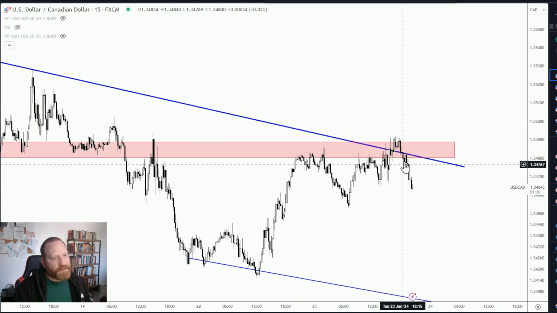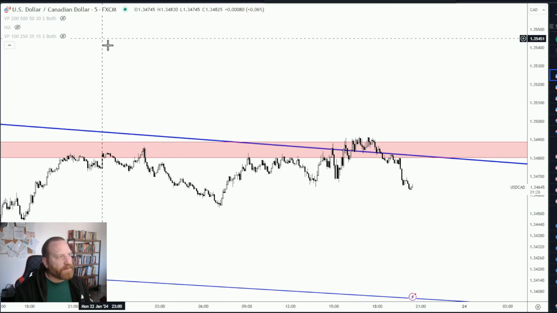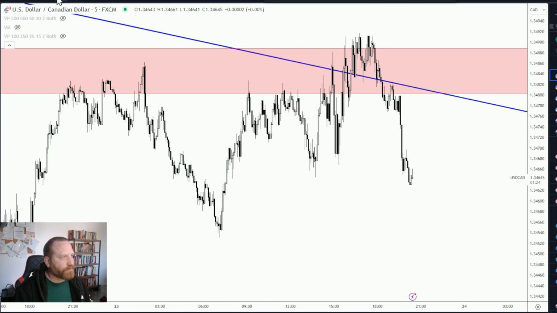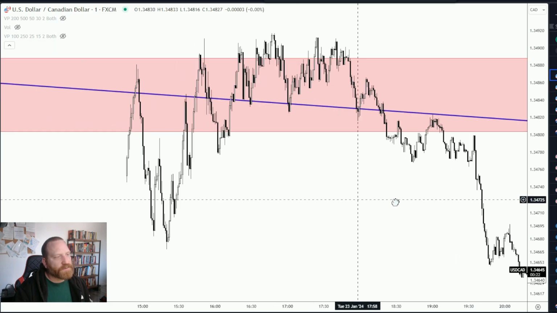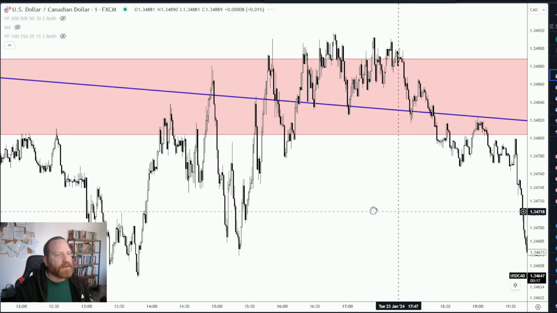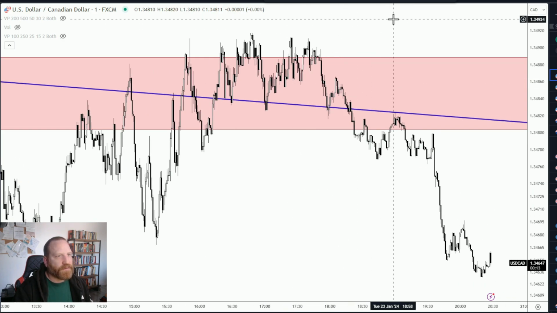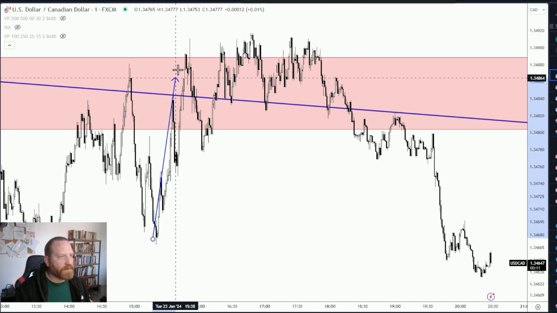So these are the first indications, but if we go on a small time frame, even smaller than this, and this is where scalping comes in, because by going on to smaller time frames you can find some patterns.